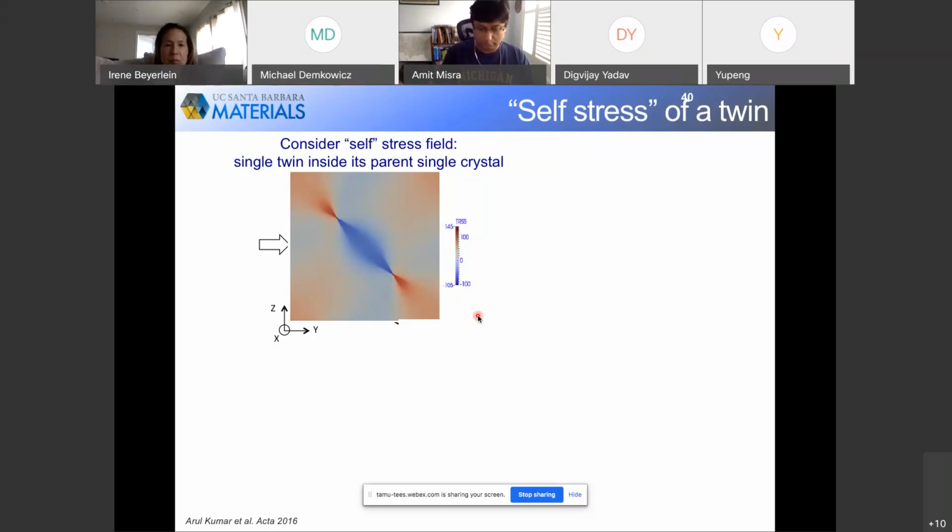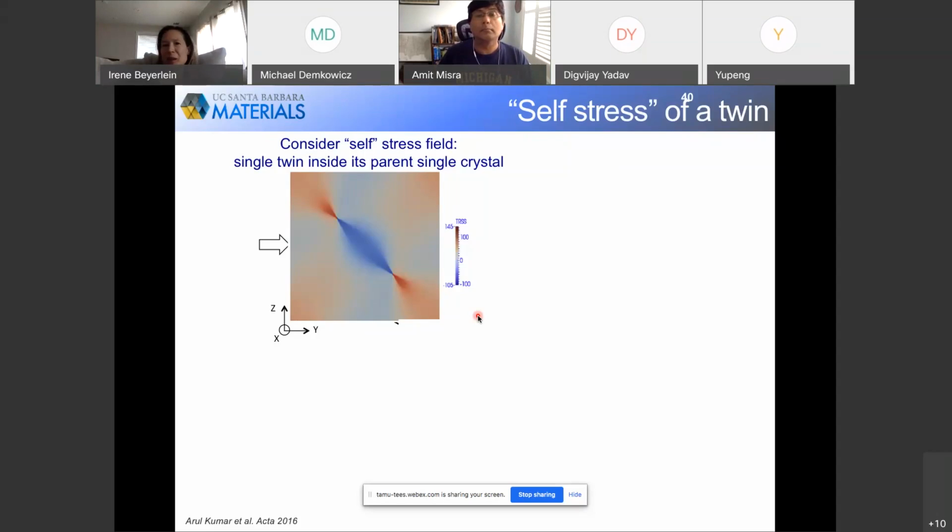The reason we do that is that twinning is a highly directional mechanism. If it's blue, if it's negative, that means the stress is acting in the anti-twinning direction, which would not promote further growth of that twin. If it's red and positive, then it's in the twinning direction, and even more so if it's a dark red.